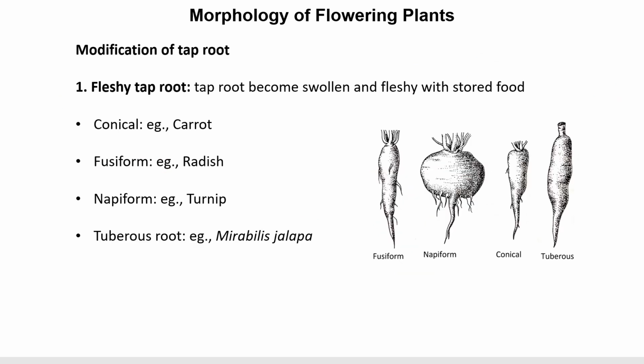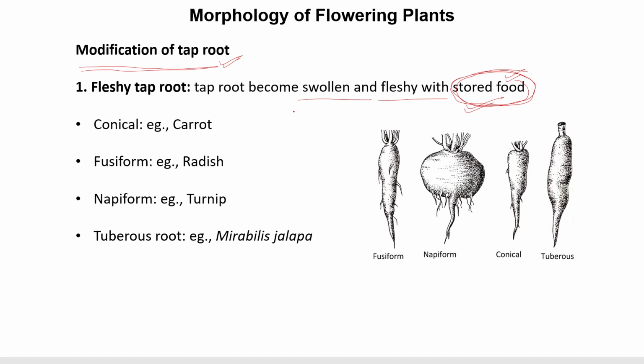Now, there are certain modifications of taproot. We will see different modifications of the taproot system. So, taproot becomes swollen and fleshy to store food. Sometimes the taproot performs the function of storage of food. All the food gets stored in the taproot.